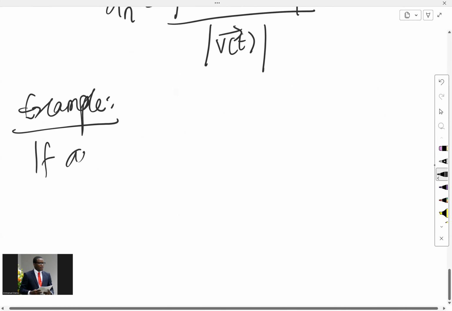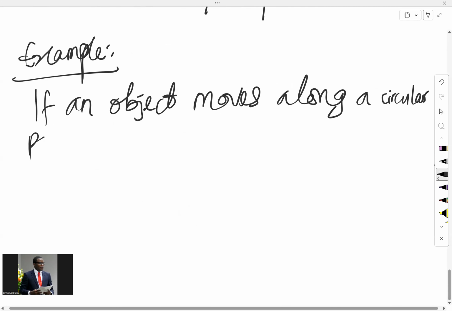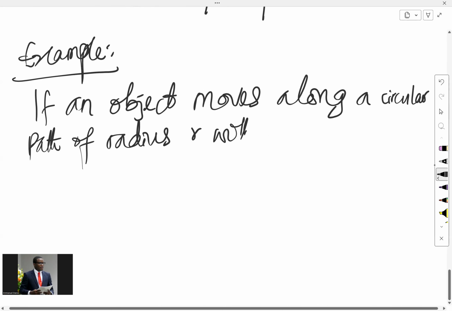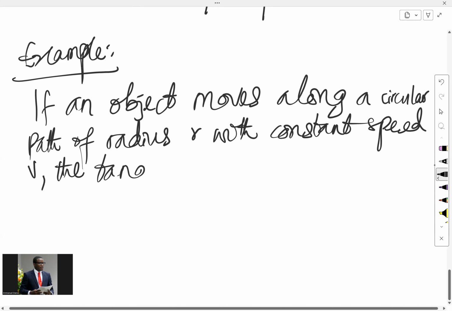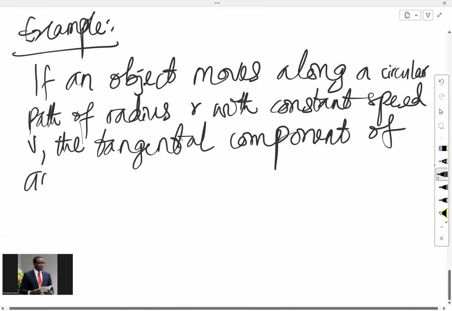If an object moves along a circular path of radius r with constant speed v, the tangential component of acceleration is 0.